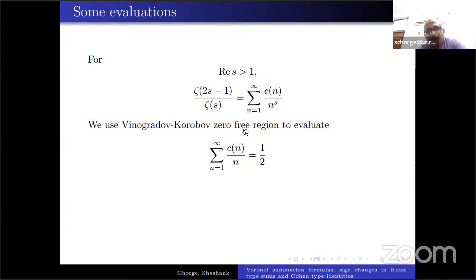Now, if we use the Vinogradov-Korobov zero-free region, we get the following estimate for the sum of C of n divided by n, which is equal to half. It is not hard to see that if we take the limit s goes to 1, basically we get the same thing, right?